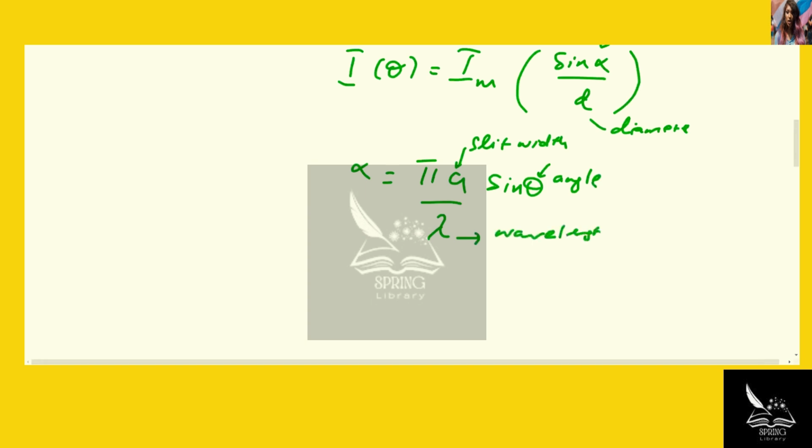We do know that the amplitude is the initial amplitude times sine alpha over alpha. That's the amplitude we're dealing with, because intensities produce amplitudes, and also we know that A equals Ka sine alpha over alpha.